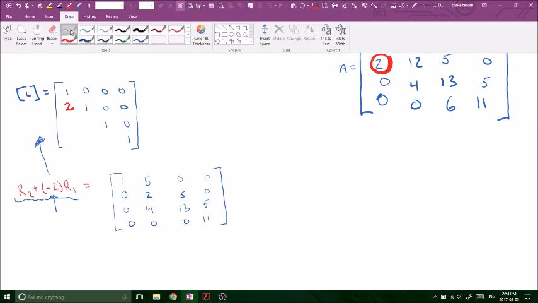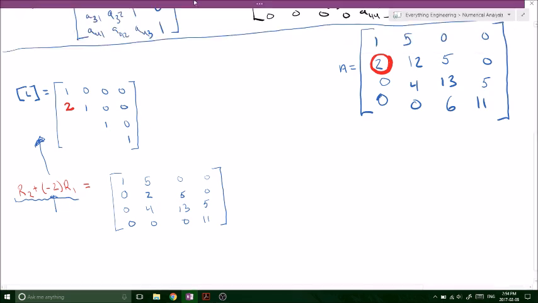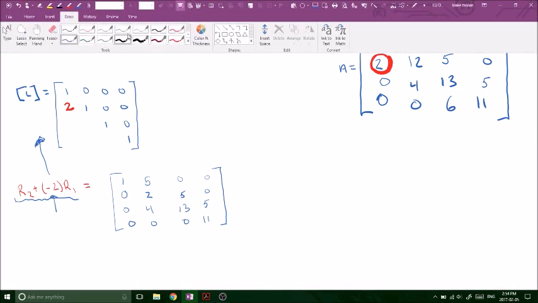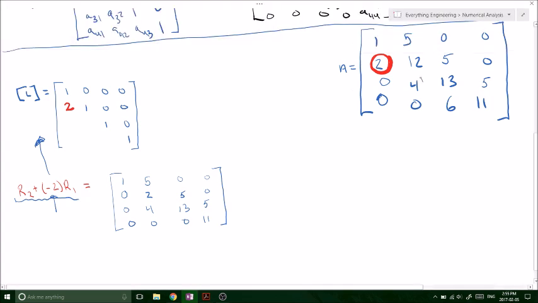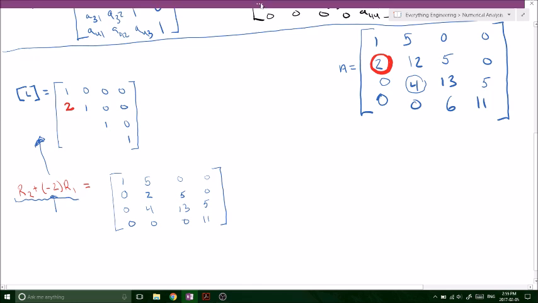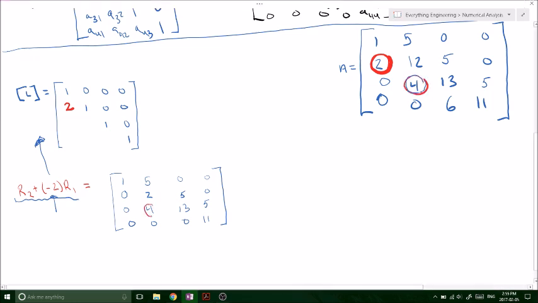So let's do that again. Now we're looking at this 4. We want to cancel out this 4. How would we do that? Looking at our new matrix, we have the 4, and we can see that it's 2 times the second column in our second row. So that's easy. We take R3 and add -2 times R2.